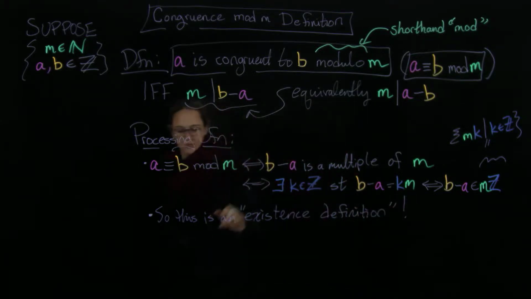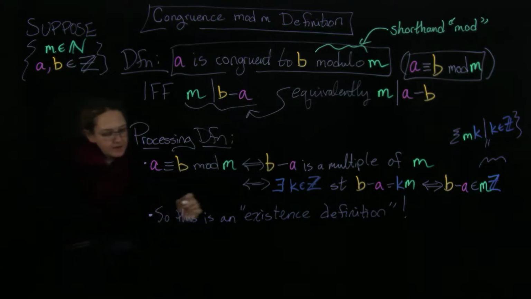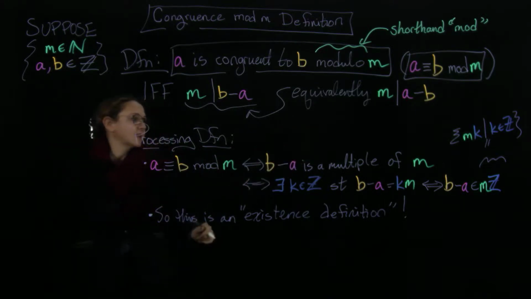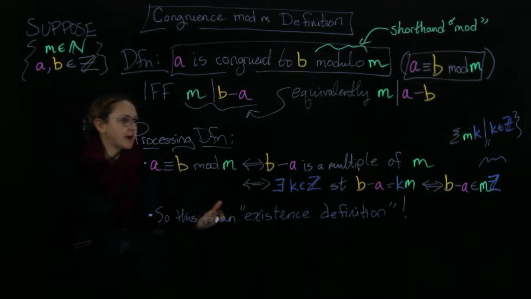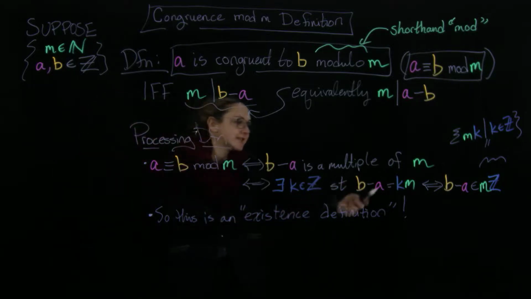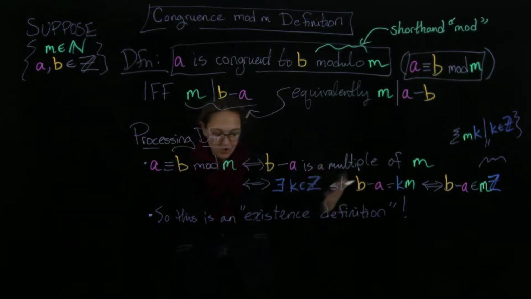So how would you show that this is satisfied? We're going to show that there exists this K, so you're going to have to say what K is and show that it works.